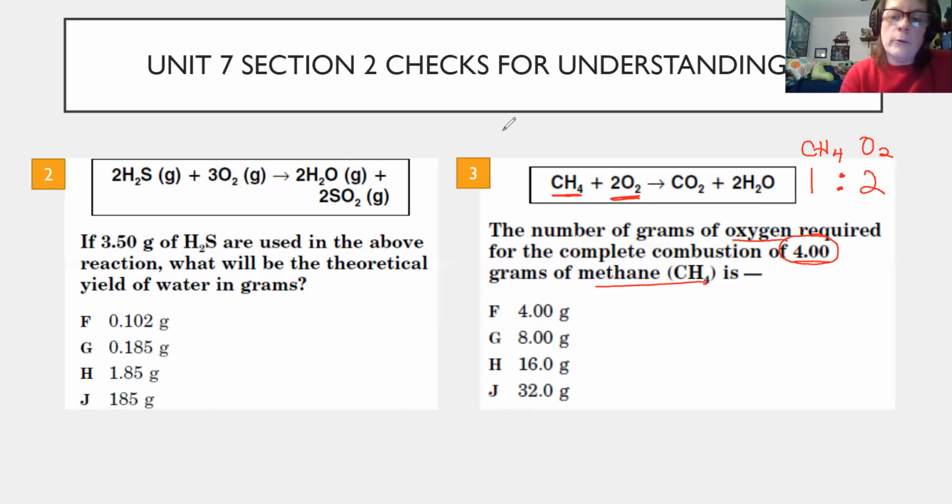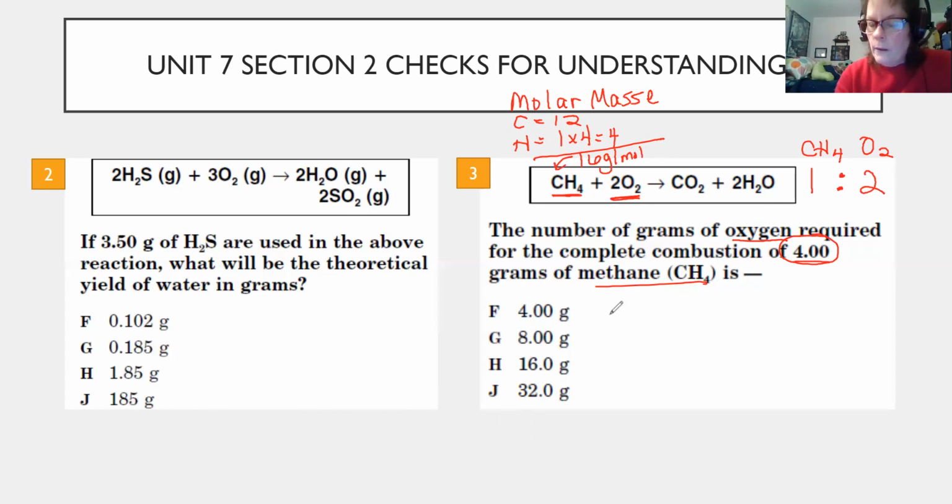So I guess we've got to do our molar masses. Let's do that. C has 12 grams, and there's 1 in there, but we have 4 hydrogens, so that's 4. So 12 plus 4, that's going to be 16 grams per mole for this. All right, and we know we have 4, so start with what you've got.